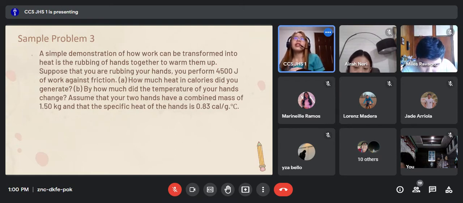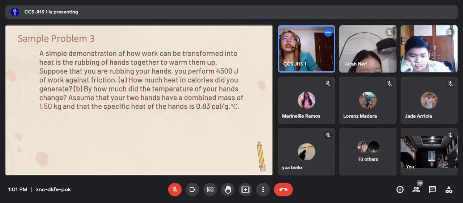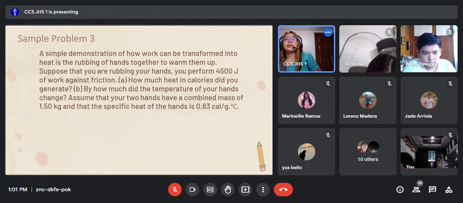B, by how much did the temperature of your hands change? Assume that your two hands have a combined mass of 1.50 kilograms and that the specific heat of the hands is 0.83 calorie per gram degree Celsius. Try this in your notebook, everybody.